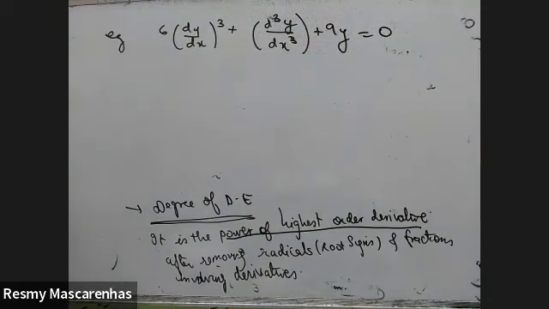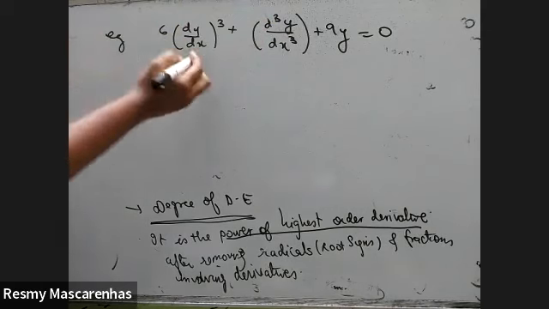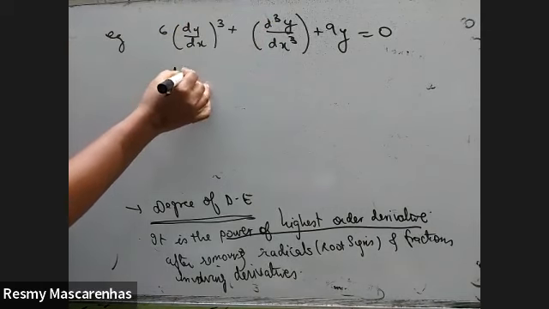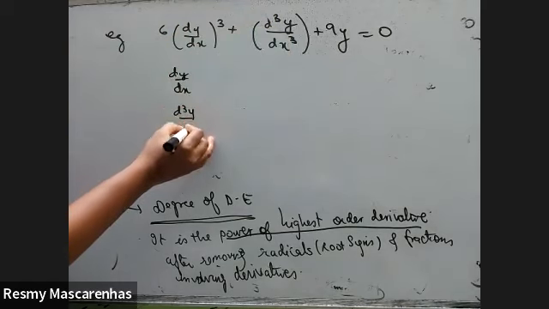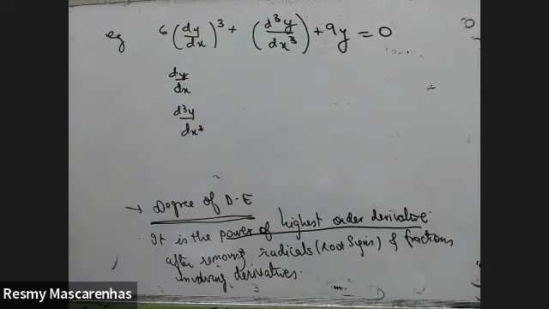I want to know what is the order of this equation and what is the degree of this equation. Now order means, I told you, check the highest number of times it has been differentiated. So what do you think the order will be? There are two derivatives. One is dy by dx. The other one is d cube y upon dx cube. Among these, what do you think the order is?